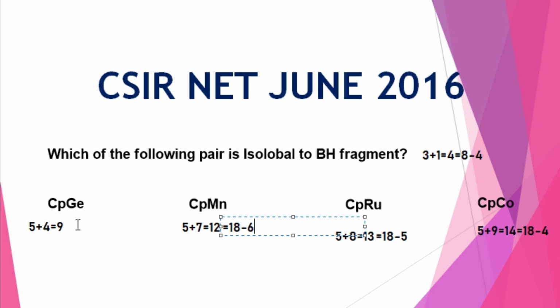So here you can see that CpCo(CO), which needs 4 electrons to fulfill its valence shell, is isolobal to the BH fragment. So this is the answer.